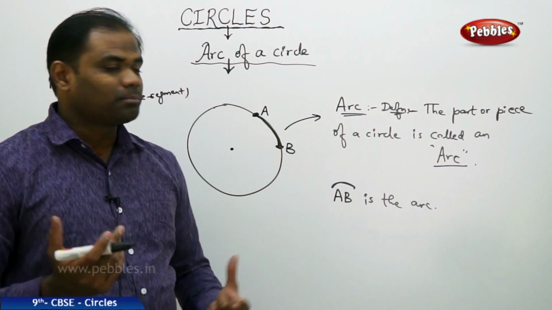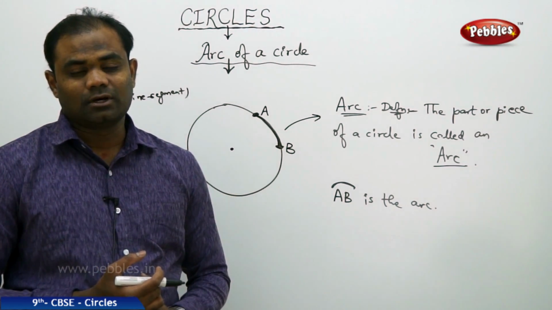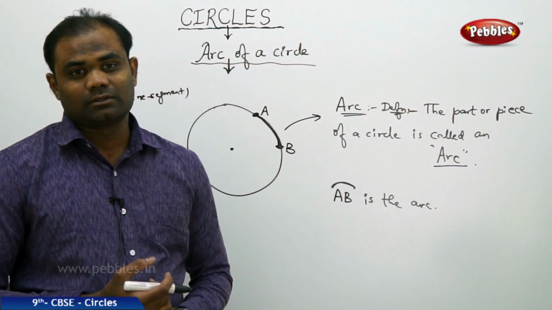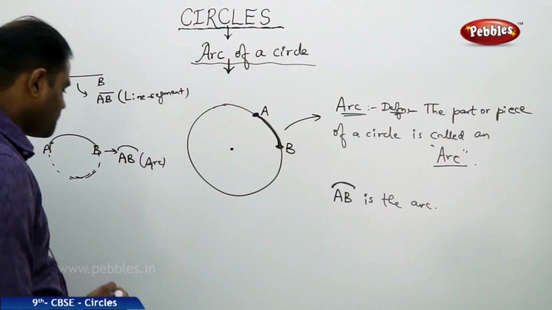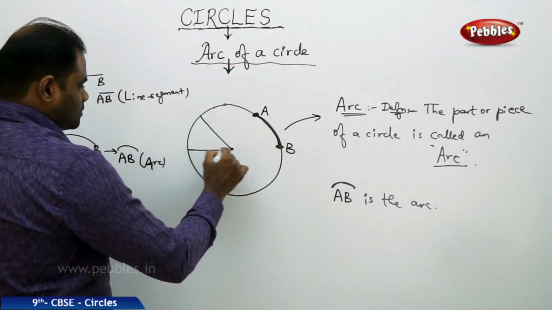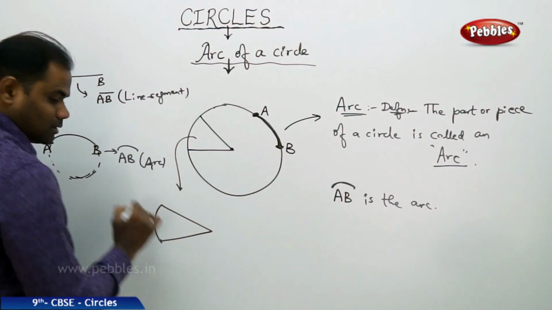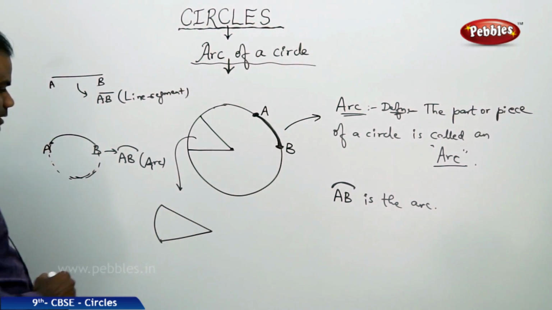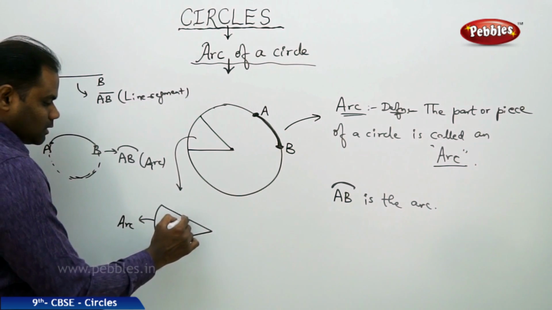The part or piece of a circle is called an arc. That is how we understand the arc. An example in real life is a pizza. When you take a pizza and cut a slice, we get the pizza with its space, and the outer part of the pizza defines an arc.